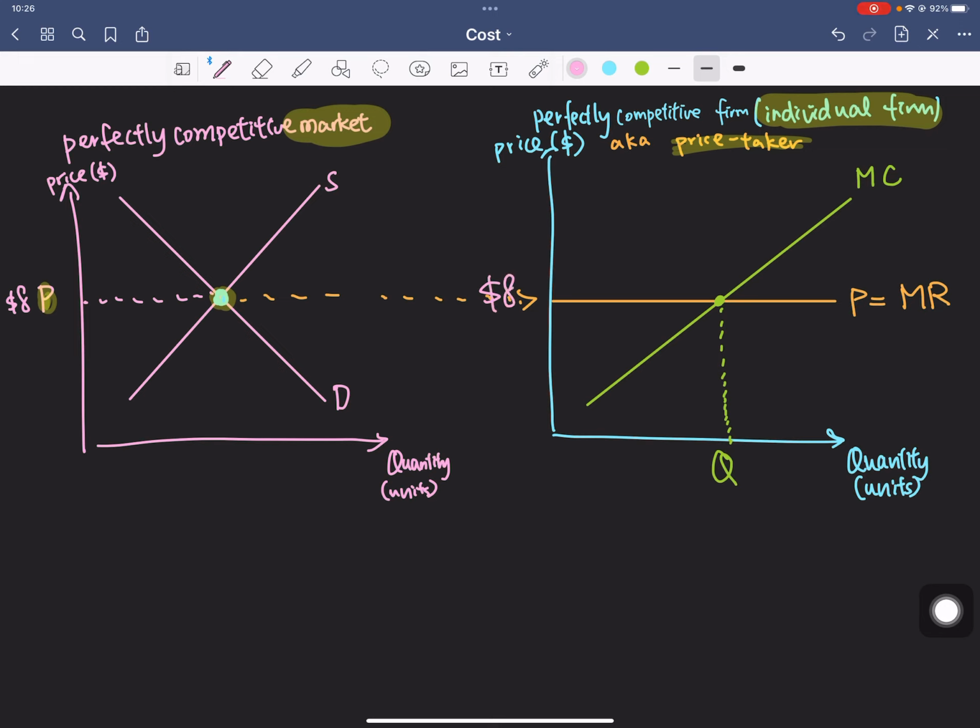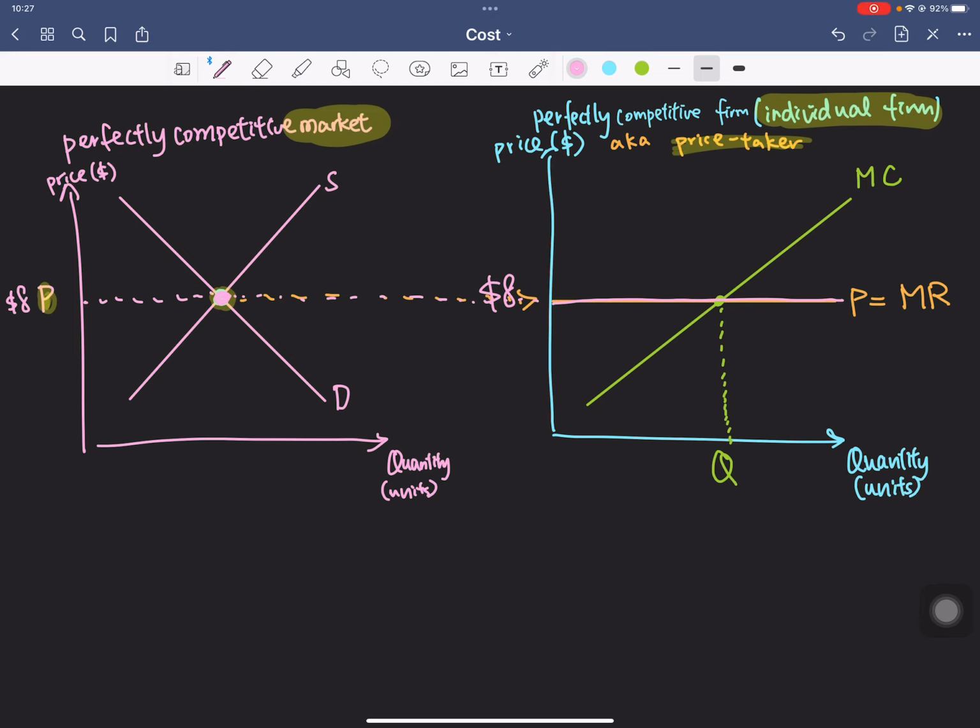So this $8 will be taken. The price taking firm is going to take the price, so it will become the price of the individual firm based on the features of the perfectly competitive market.